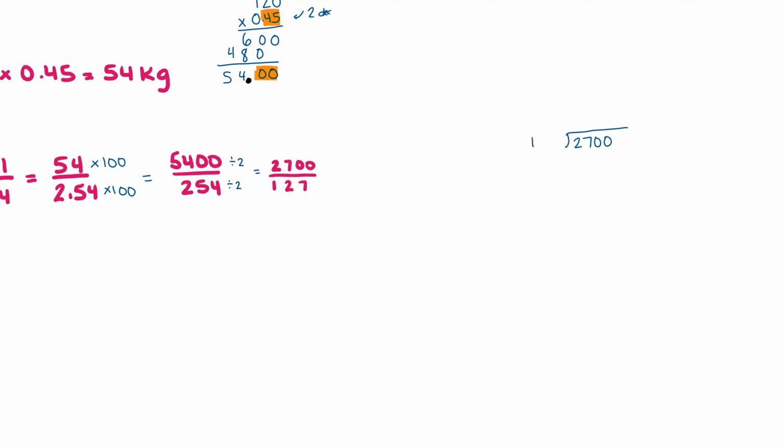2,700 divided by 127. And just over here, I'm just going to write 127 times 1 is 127. 127 times 2 would be 254. All right, keep that in mind. So 127 goes into 270 twice.